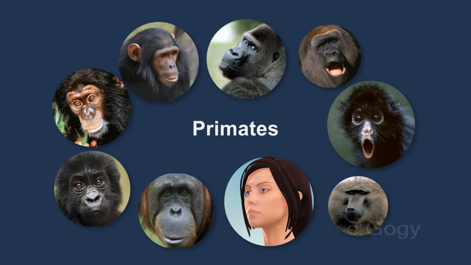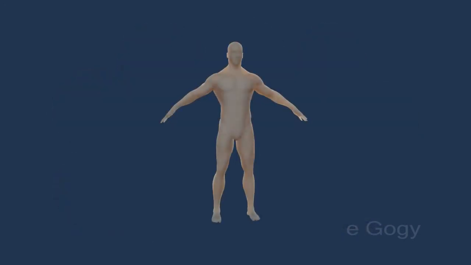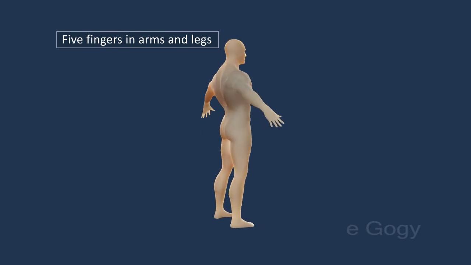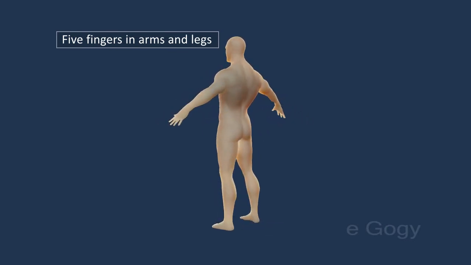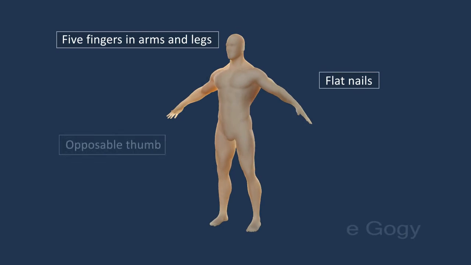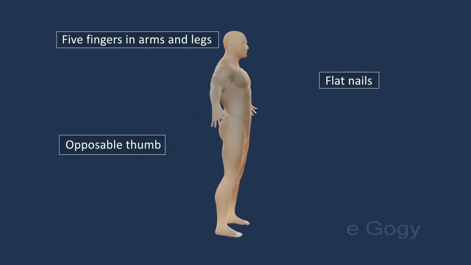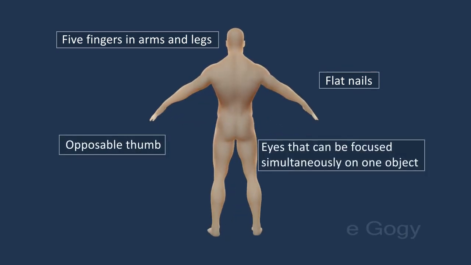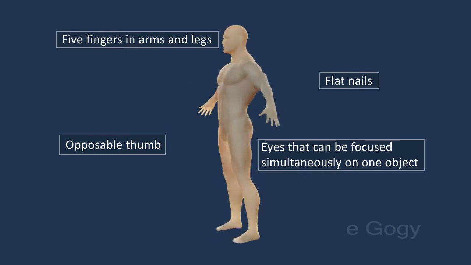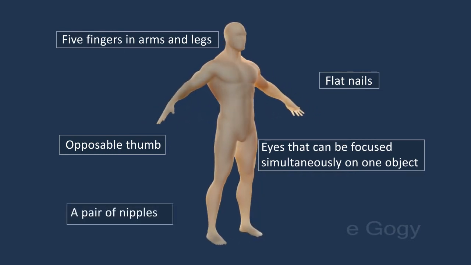Primates are the common group that includes man and monkeys. The main features of primates are five fingers on arms and legs, flat nails, an opposable thumb, eyes that can be focused simultaneously on one object, and a pair of nipples.